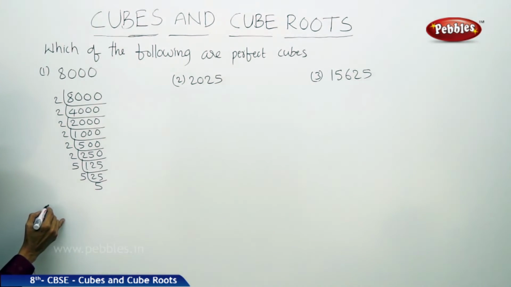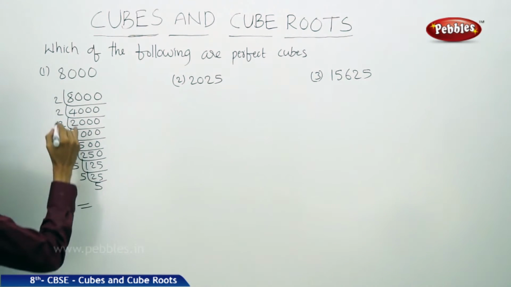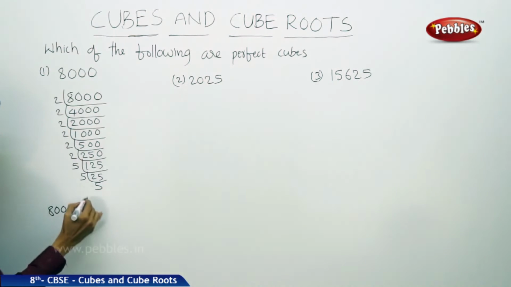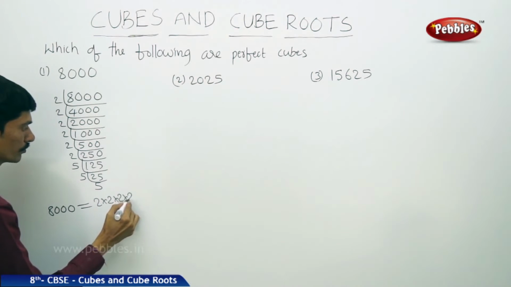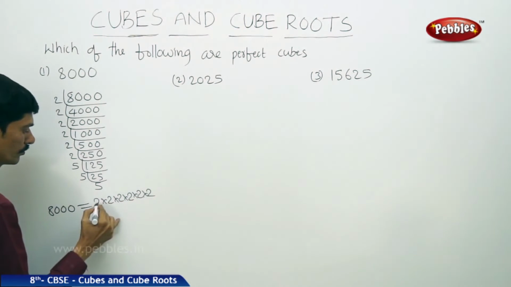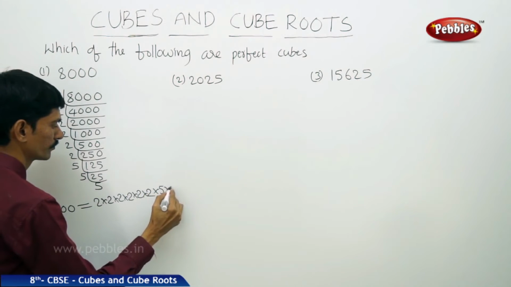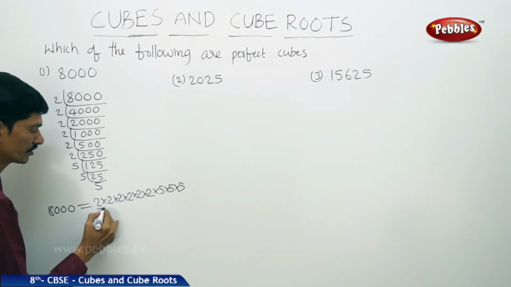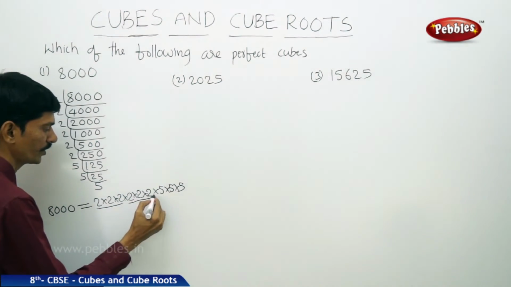Now if we factorize 8000, we are getting the prime factors: 6 2s, that is 2 into 2 into 2 into 2 into 2 into 2 into 5 into 5 into 5. Let us check whether each prime factor appears 3 times or not.